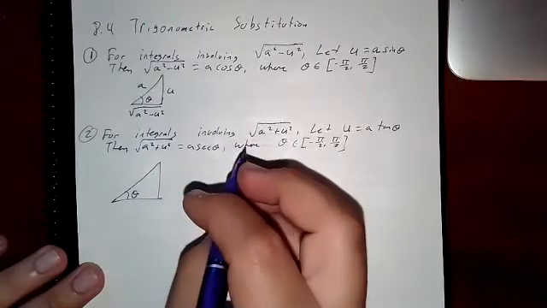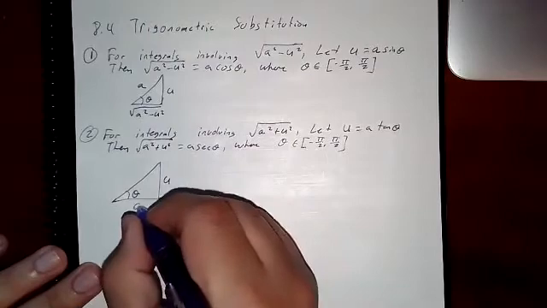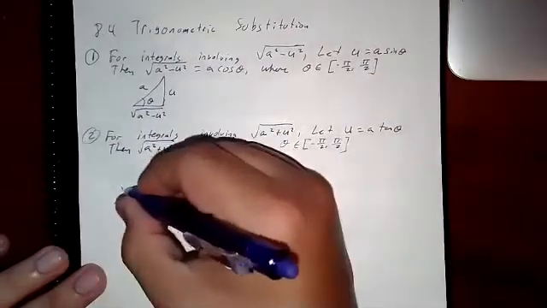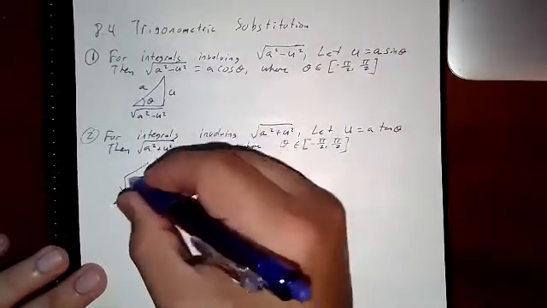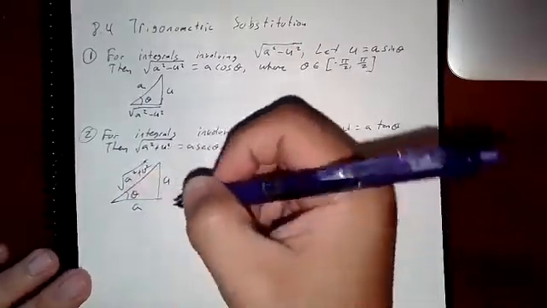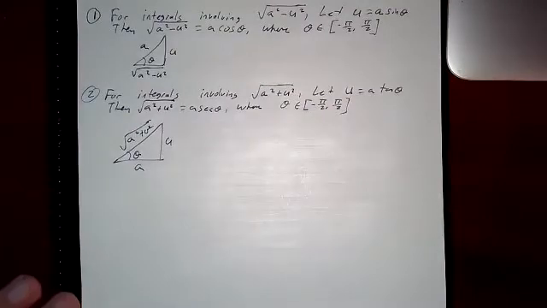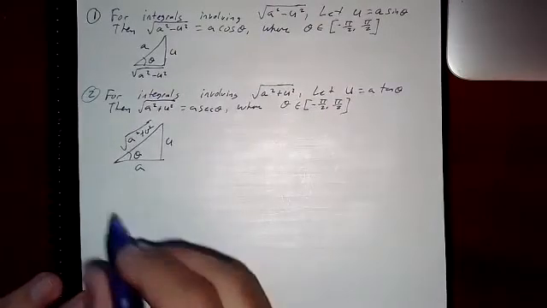And the triangle would be u here, a, and the square root of a squared plus u squared. All right, so that's number two.